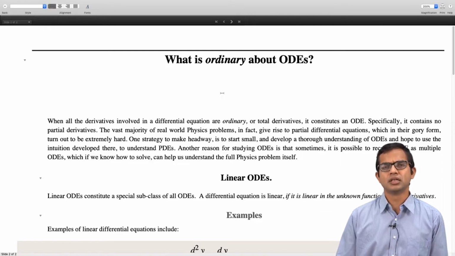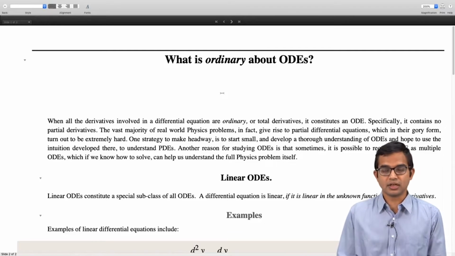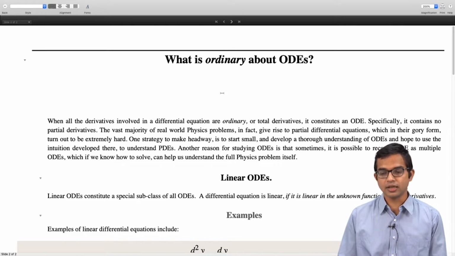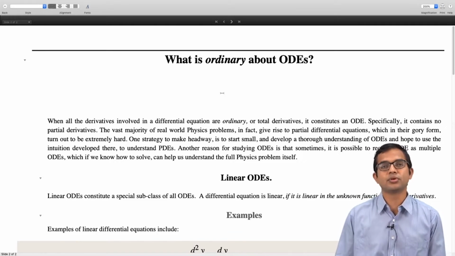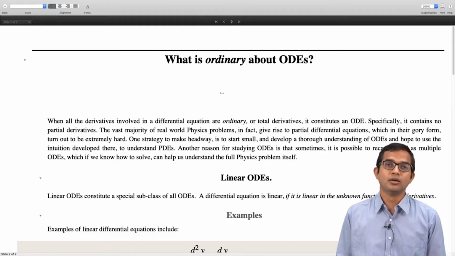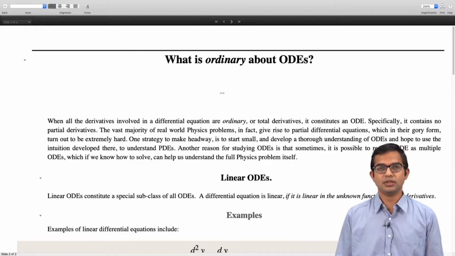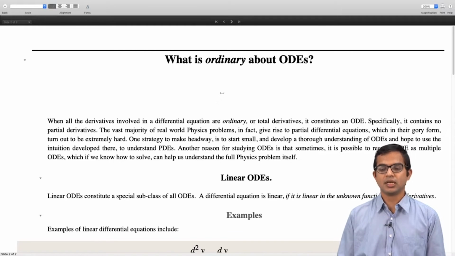In any case, the study of ordinary differential equations and a solid theoretical understanding of ODEs is absolutely essential if you want to tackle the more gory problems which come up within the field of partial differential equations.